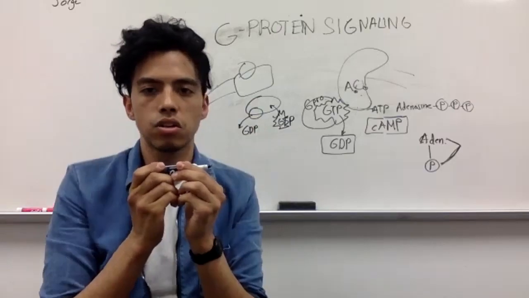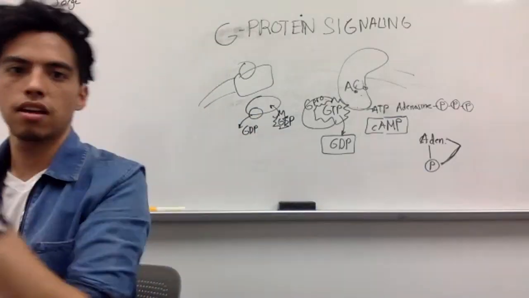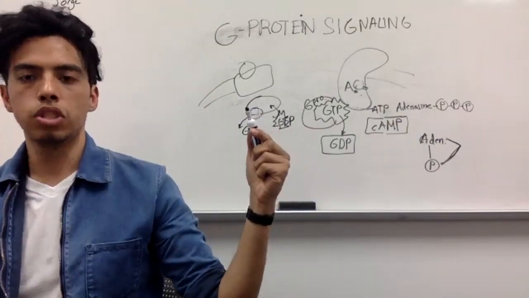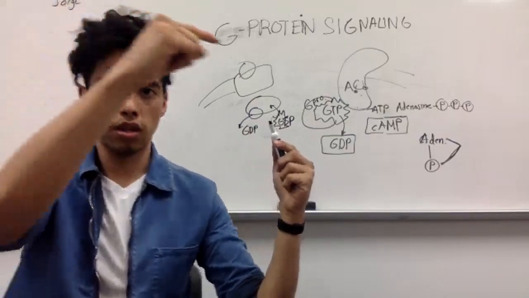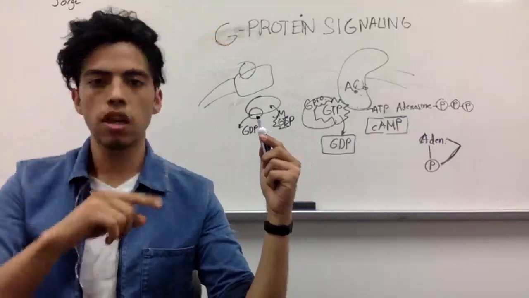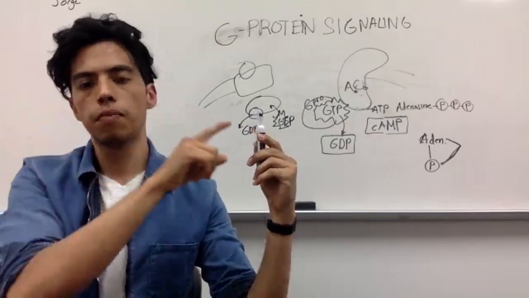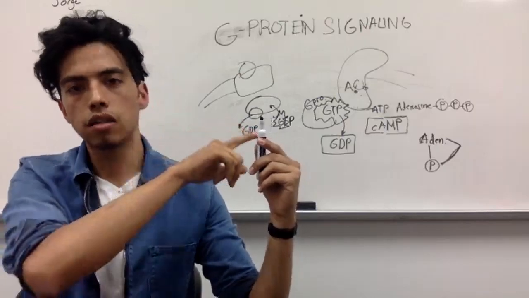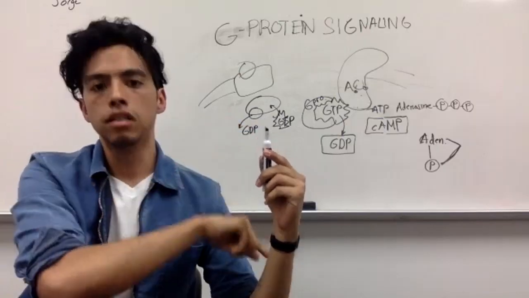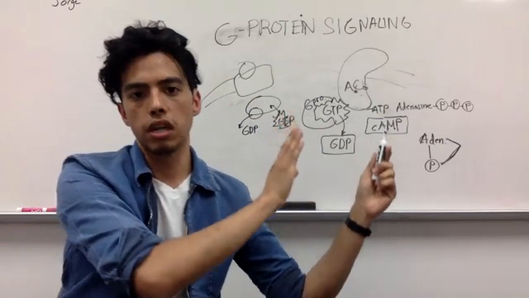And then it goes back to over here with GDP. If the molecule is still bound, the process is going to continue again. It's going to tell it, we're still connected, so let's kick out GDP again, take up another GTP, and then present it again.